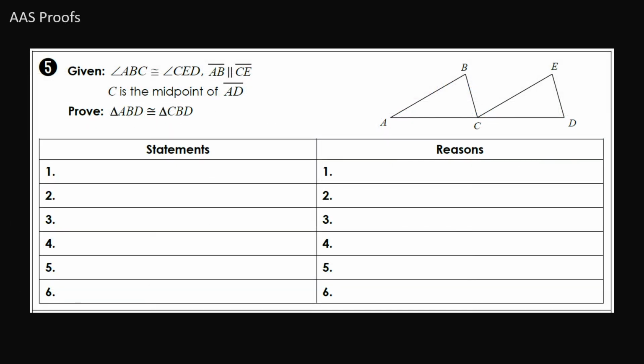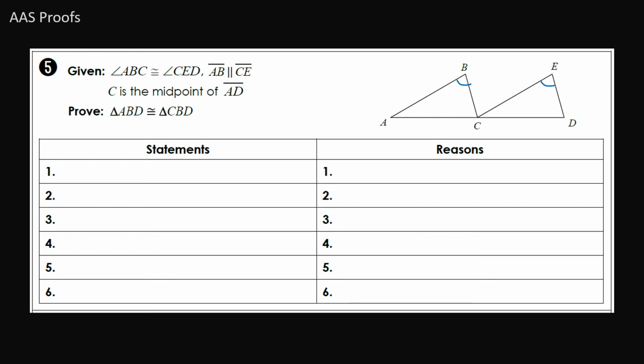So let's try out a proof with this one. All right, so for this proof, it's a little bit longer and we actually have to come up with the statements ourselves. So in this proof, we are given angle ABC is congruent to angle CED. I'm going to label that right now. ABC is congruent to CED.